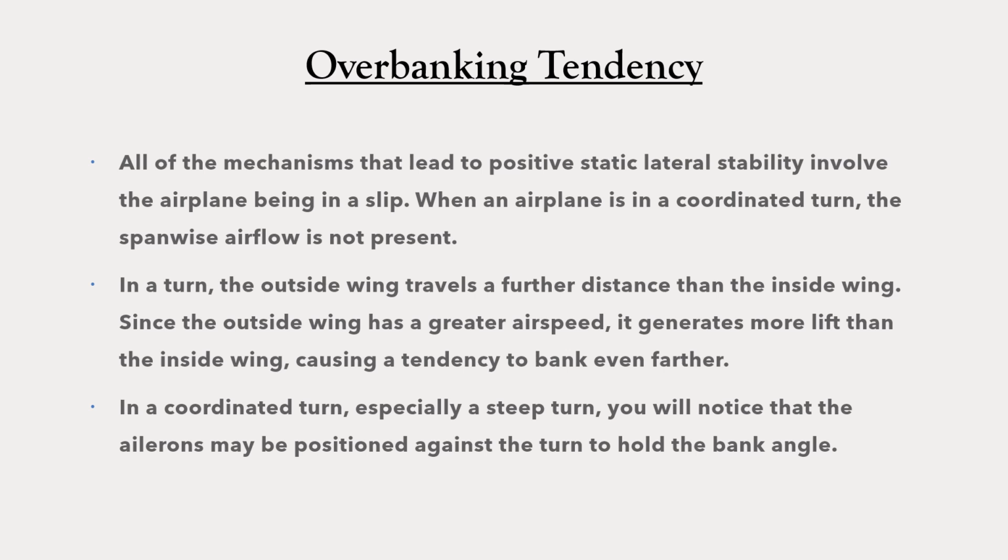That causes negative static stability in the roll direction, which is called an overbanking tendency. So you'll often notice that in a coordinated turn, especially a steep turn, once you're established in that turn, you actually have to hold the ailerons against the turn in order to maintain a constant bank angle.